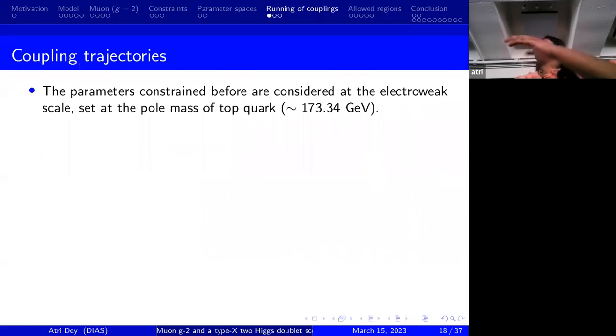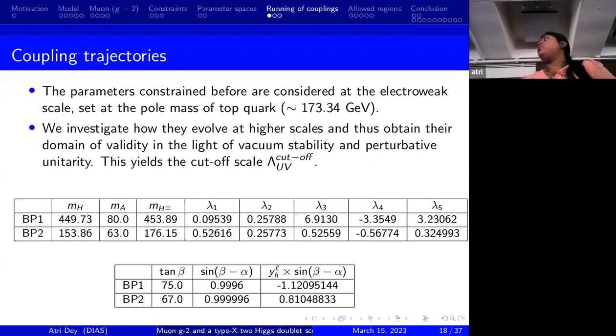After that, whatever we calculated so far is only calculated at the electroweak scale. So these model parameters at the electroweak scale are allowed. The electroweak scale we set at the top quark pole mass, which is 173 GeV. Now we use the two-loop RG equations, the RG running of our lambdas, to investigate how they evolve at higher scale and get this domain of validity in light of vacuum stability and perturbative unitarity, which can give us a UV cutoff scale Lambda.